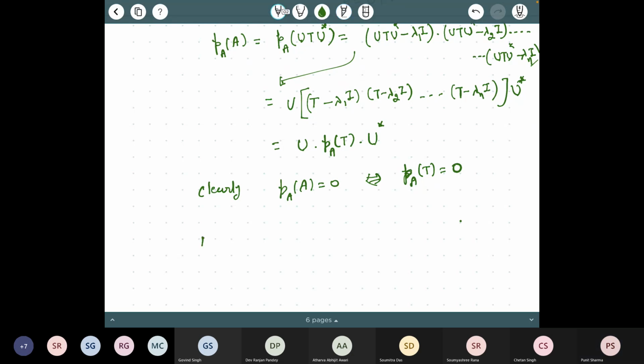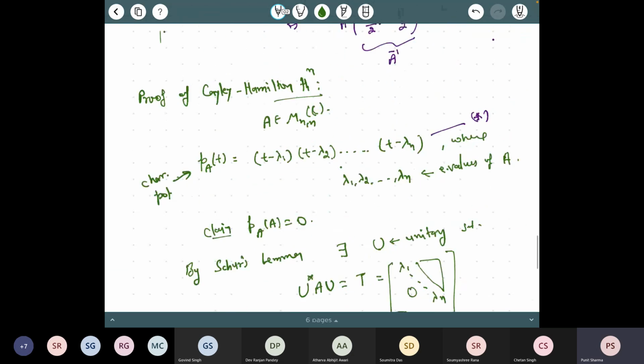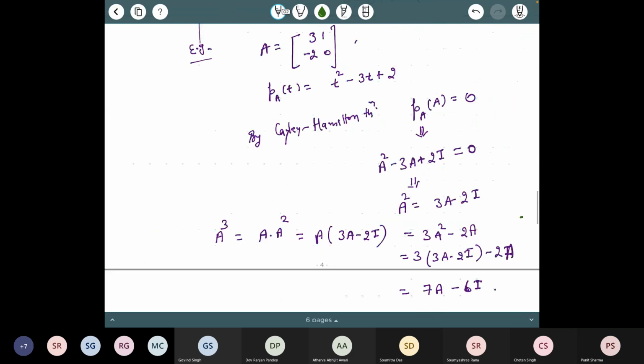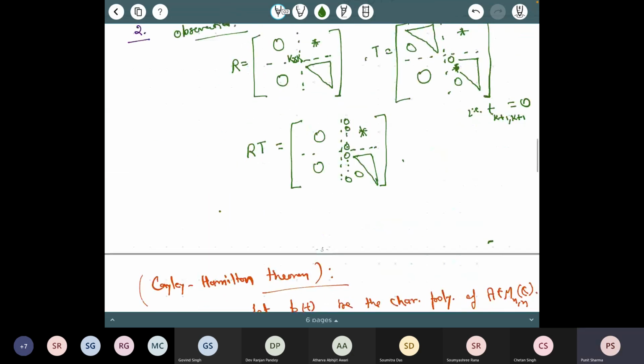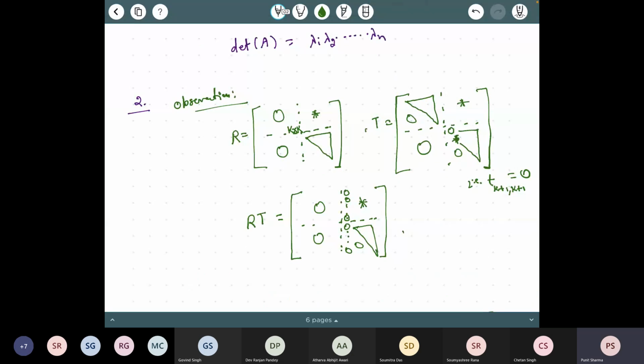Because of the above observation, the observation we made here, this is true.